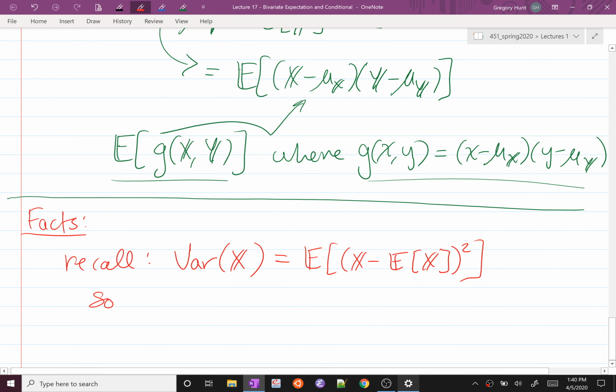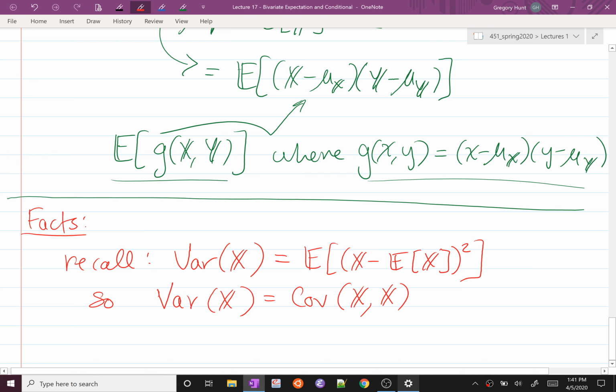And we can notice that the above formula says that the variance of X can be calculated as the covariance of X with itself. So covariance generalizes variance to two variables. If I take the covariance of a random variable with itself, that's just called variance.